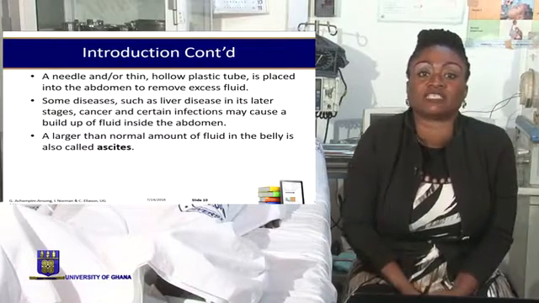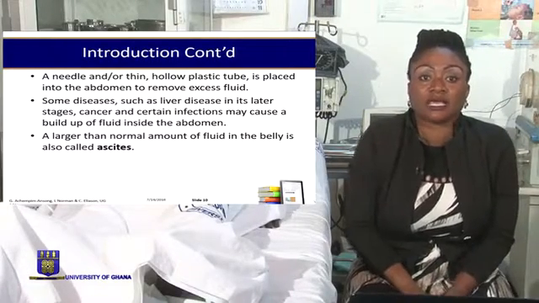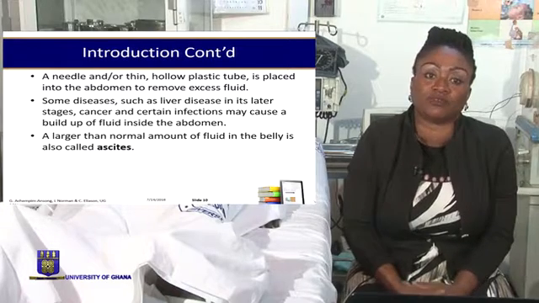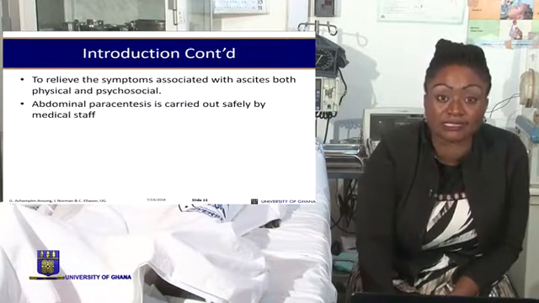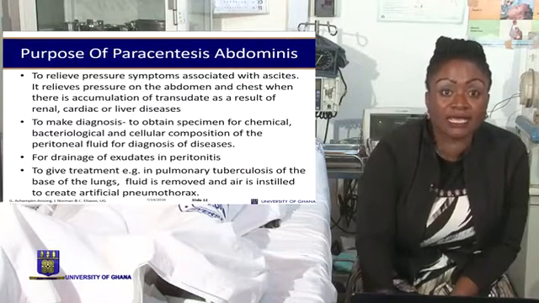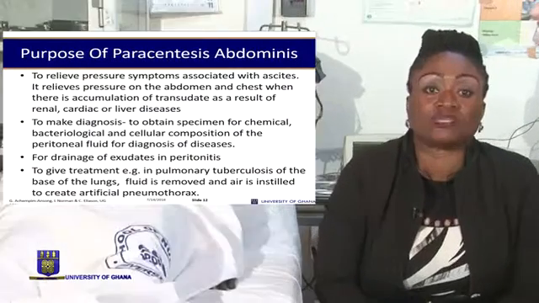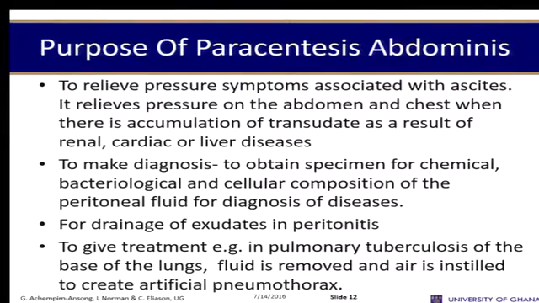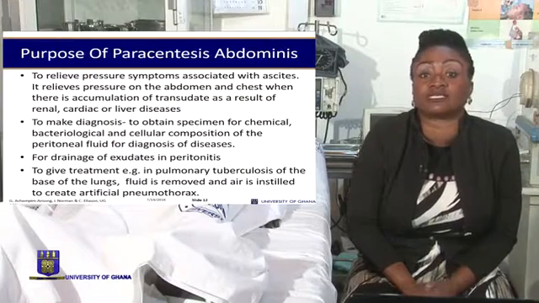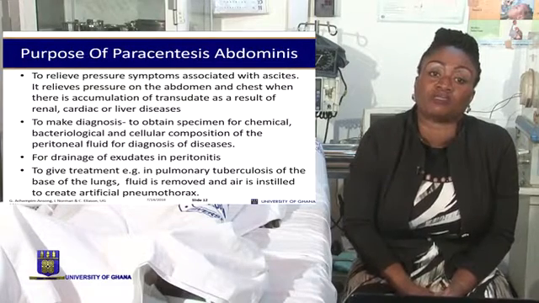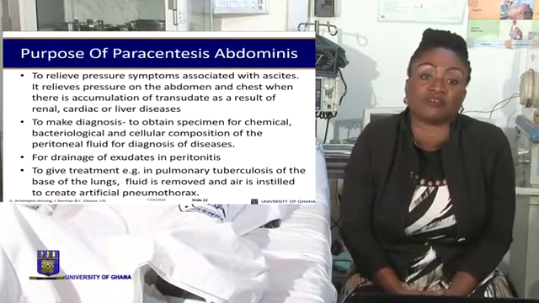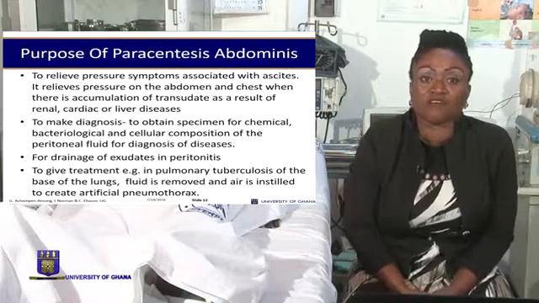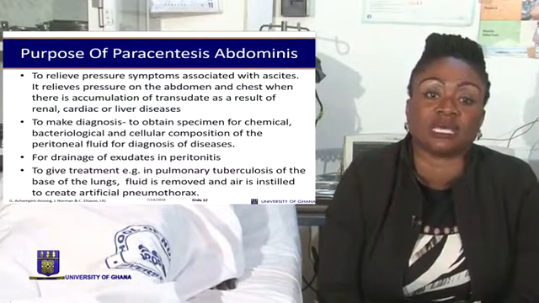It involves the introduction of a needle into the abdomen to remove excess fluid. The purposes include to relieve pressure symptoms associated with ascites, to make a diagnosis by obtaining a specimen for chemical, bacteriological, as well as cellular composition of the peritoneal fluid for various diagnoses of certain diseases, and for drainage of exudates in peritonitis.